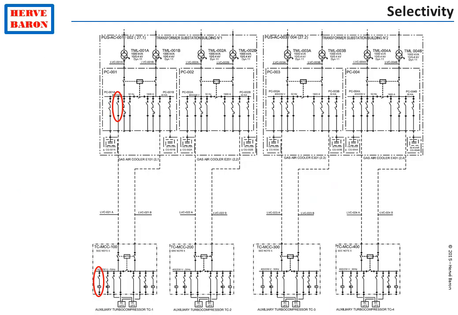The protection coordination study defines the settings of protections in order to ensure selectivity. Selectivity means that the protection of individual consumers will operate first before any higher level protection.